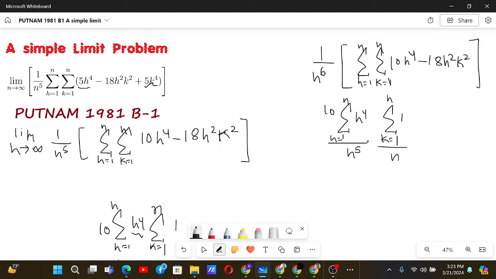I'm basically distributing this because this is in the order of 5th power, so I divided by n to the power 5, and over here minus 18 times the sum of s square by n cube, times the sum of k square by n cube. For now you can either use the formula of the summations, or we just have a direct identity that you can evaluate easily.